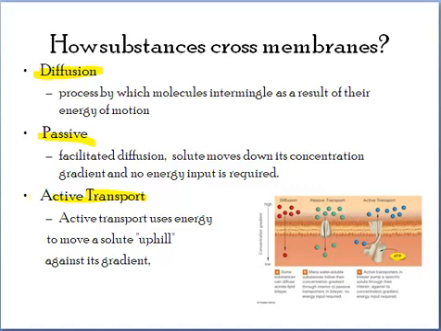Diffusion is the simplest to understand. It's like taking food color and dropping it in a glass of water. You see the molecules dispersing and intermingling uniformly, providing the color in the water. That is diffusion. When you drop the crystal at one area, that is a concentrated area, and then it slowly starts traveling to the less concentrated area of the dye and eventually mixes with the water.